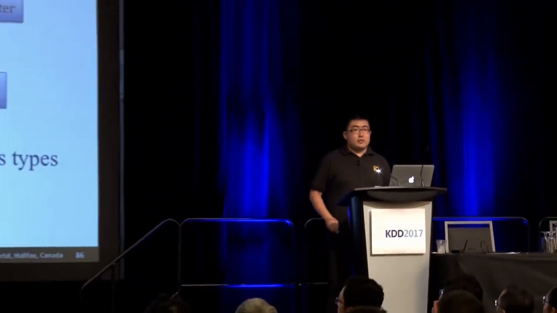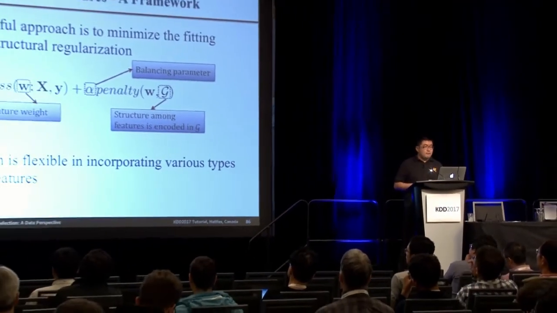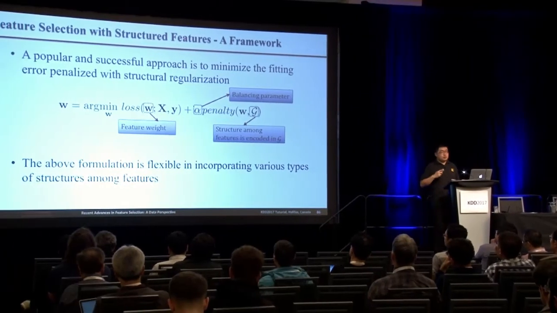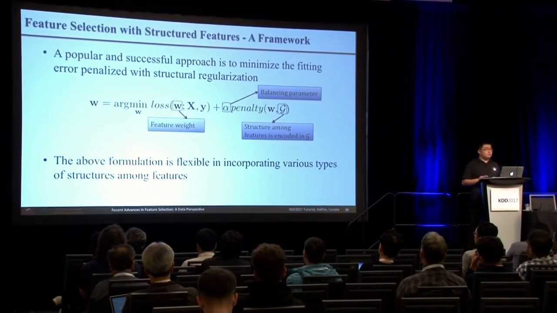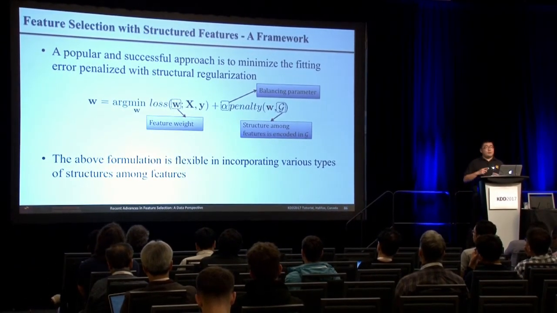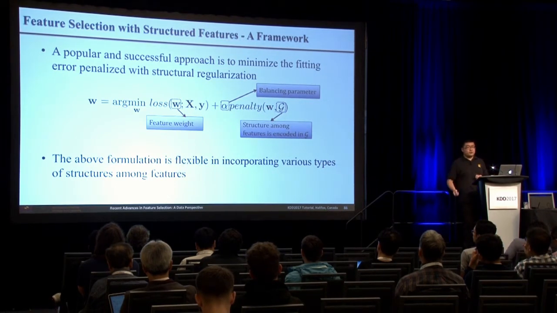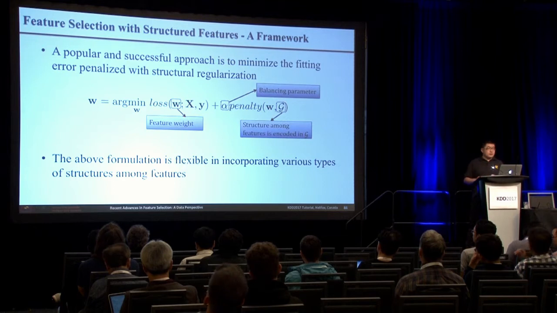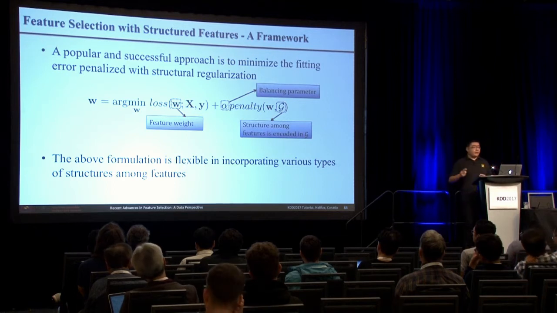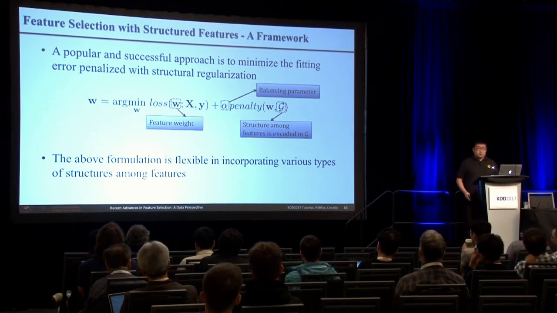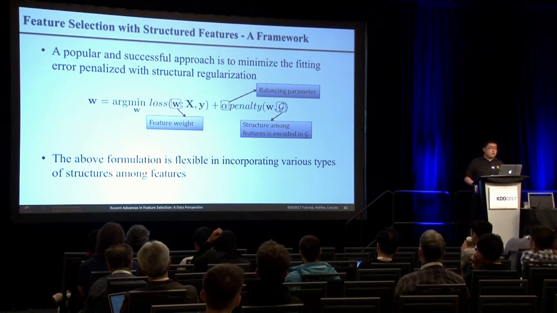People have found that by incorporating these feature structures into learning algorithms, it can help us identify more relevant features, and the performance of most existing learning algorithms can be greatly improved. Here we give a general framework of feature selection with structured features.